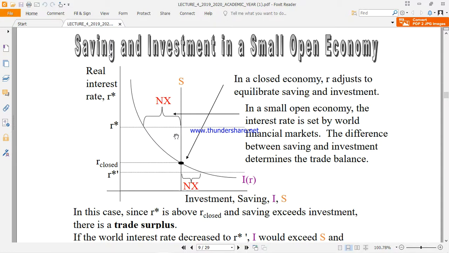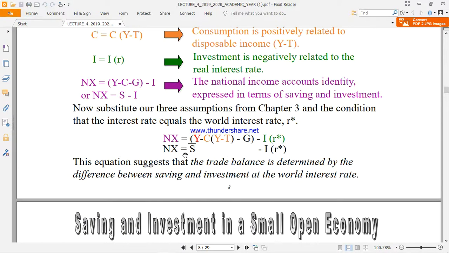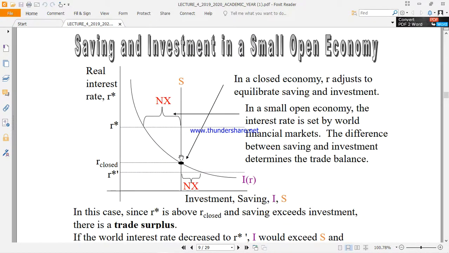Let me explain that using the diagram. So we have fixed savings, and this is coming from here, because all these variables are fixed. So we have fixed savings and a downward sloping investment demand curve.